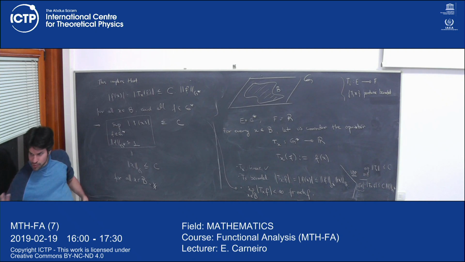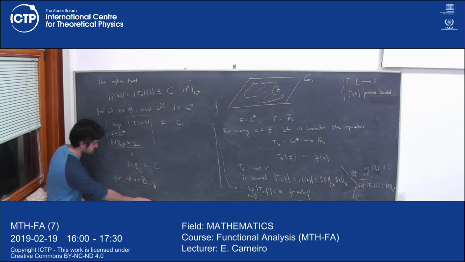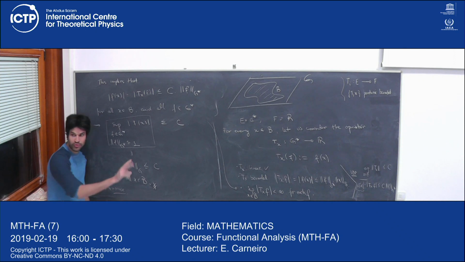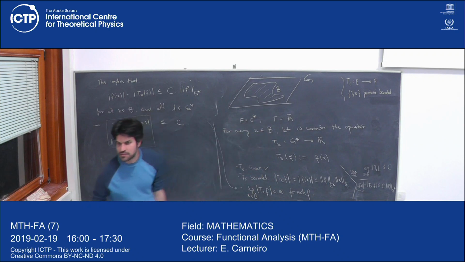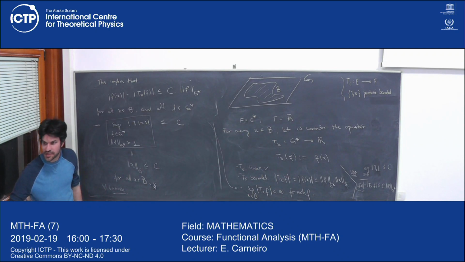But for item 2, you will need G Banach. So I just put the two of them together. Item 2, which I wrote there, I leave to you as an exercise. You will change the roles of f and x in this proof, and your E is going to be G now, and then you need Banach for the second case. But for the first item, you don't actually need it.